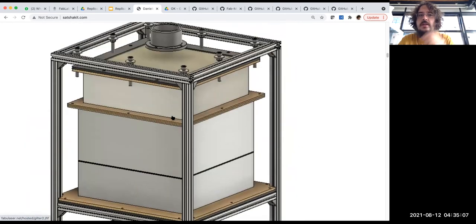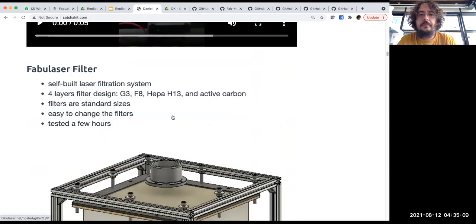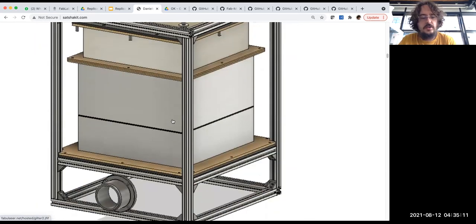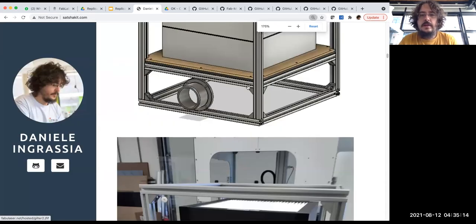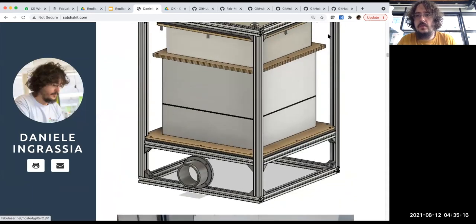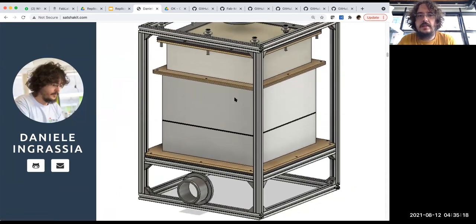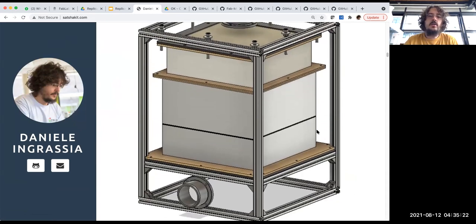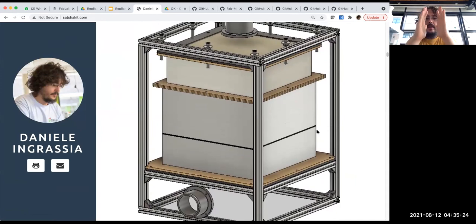So this is a filter that we are building now. There are a couple of clues about it. This is the overall structure. Maybe I reduce the size of it. So one clue, of course, is to let people replicate it, making it cheaper than other machines. Another clue is to decouple the fan from the filter itself.